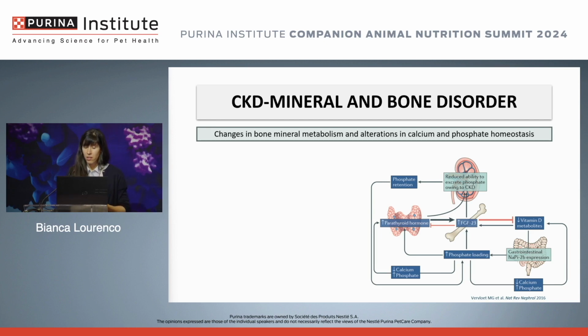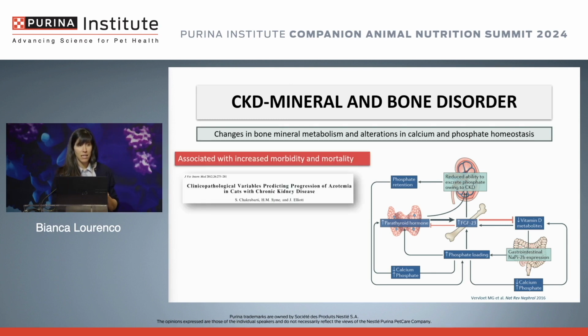So those changes in glomerular filtration rate and consequent renal retention of phosphate actually promote increases in fibroblast growth factor 23, which will then reduce 1-alpha hydroxylase activity, therefore reducing the conversion of vitamin D to its active form, calcitriol. Then the hyperphosphatemia and the low vitamin D together promote increases in parathyroid hormone. So we end up developing a renal secondary hyperparathyroidism.